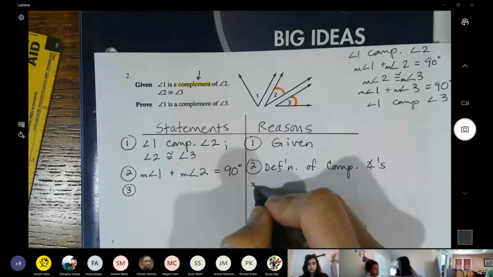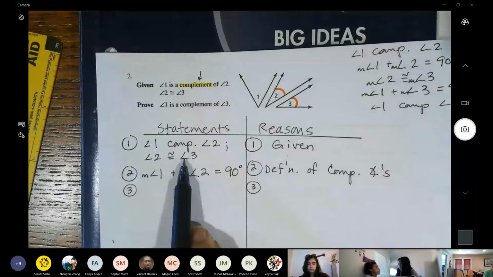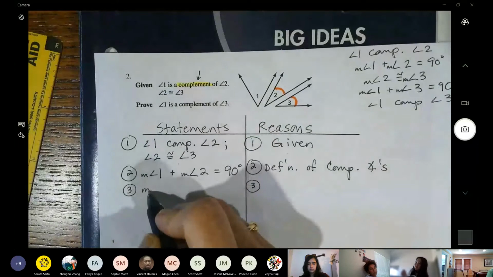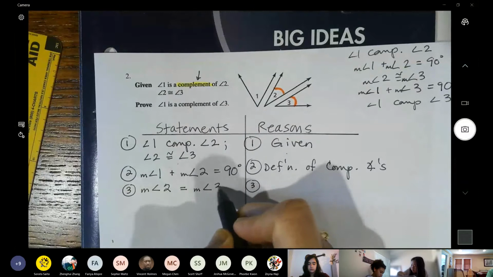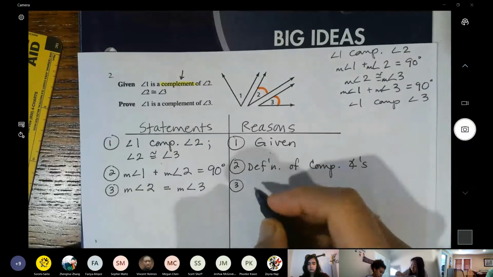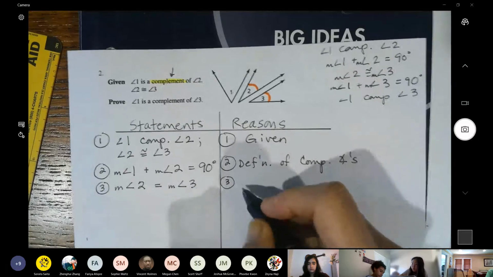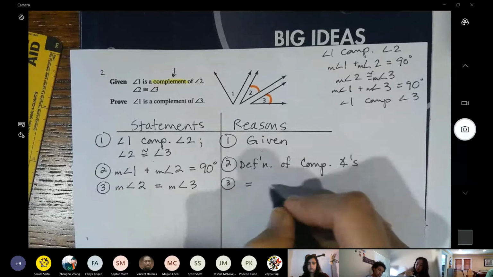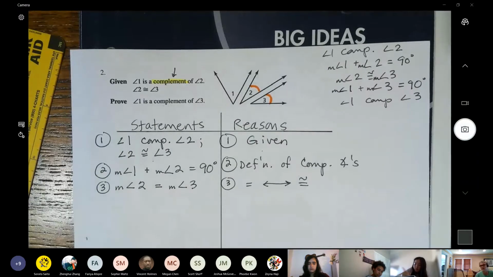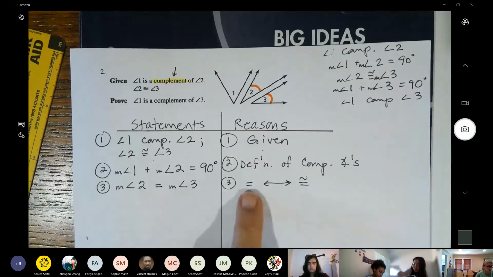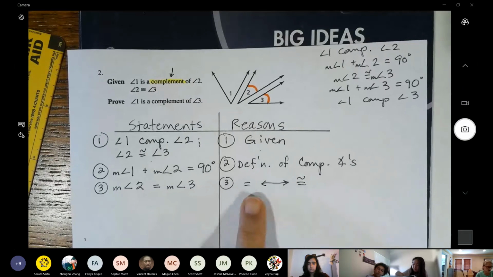So my next plan is to say that if I know these are congruent, then I know that their measurements are congruent. So I need to say that the measure of angle 2 is equal to the measure of angle 3. It's sort of like the definition of congruent angles, but I'm just going to put equal if and only if congruent. I'm abbreviating, obviously, but what that means is that if 2 things are equal, then they're congruent, and if 2 things are congruent, then they're also equal.